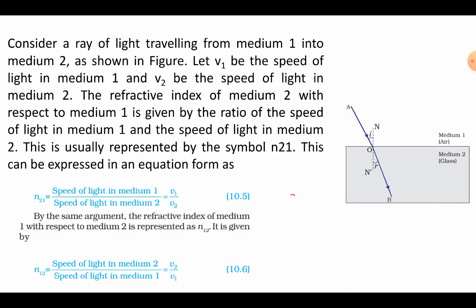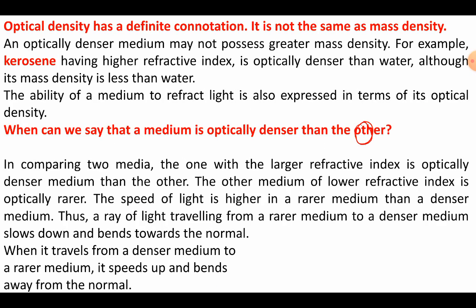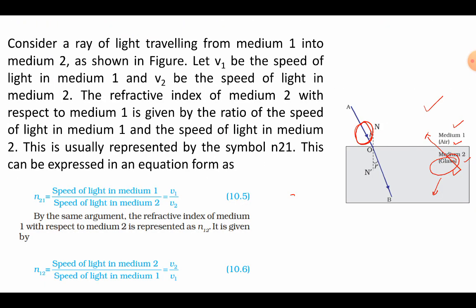Moving on to the second type of refractive index, let us consider this diagram first. We have two mediums over here. Medium 1 is air and medium 2 is glass. Air is an optically rarer medium and glass is an optically denser medium. This is the incident ray of light and it is going from air into glass.